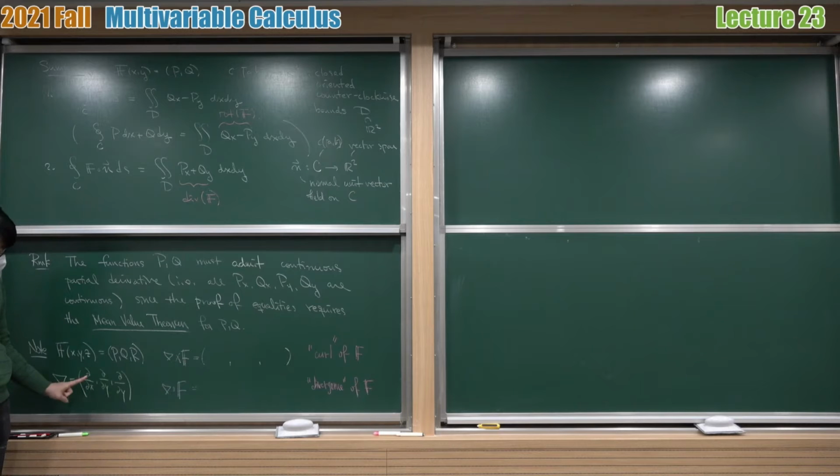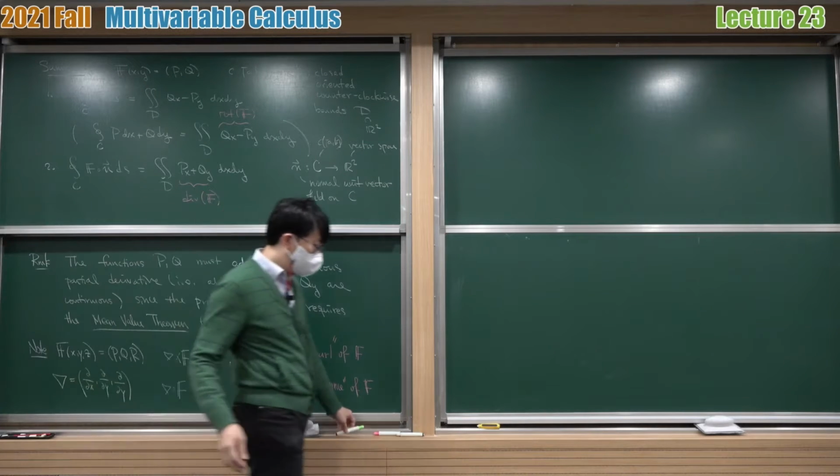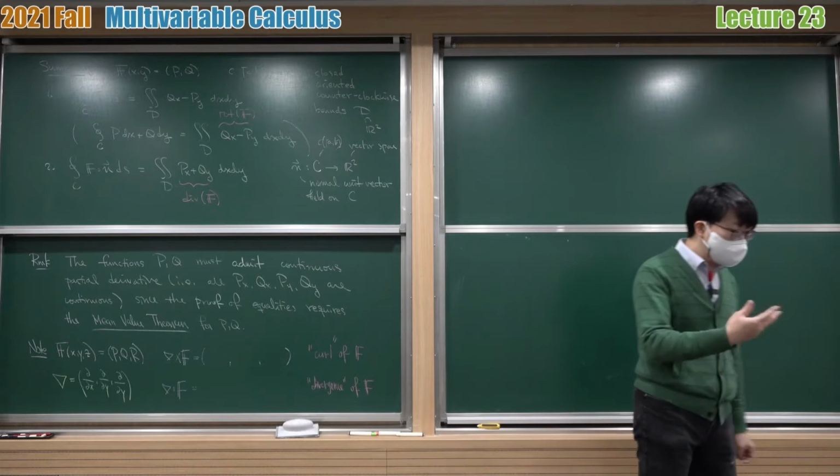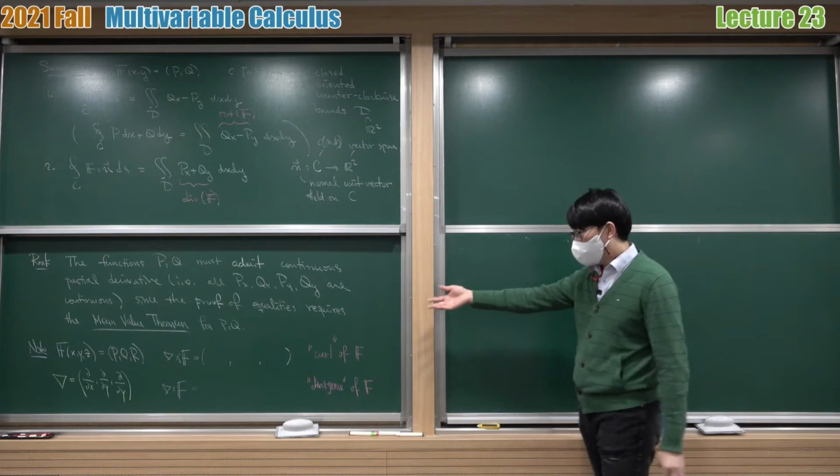You see, this del del x doesn't have any function attached to it. If I put a function symbol on the right-hand side of these operators, this becomes a partial derivative. But before we put function symbols, this just gives you a procedure that you're going to take a partial derivative.